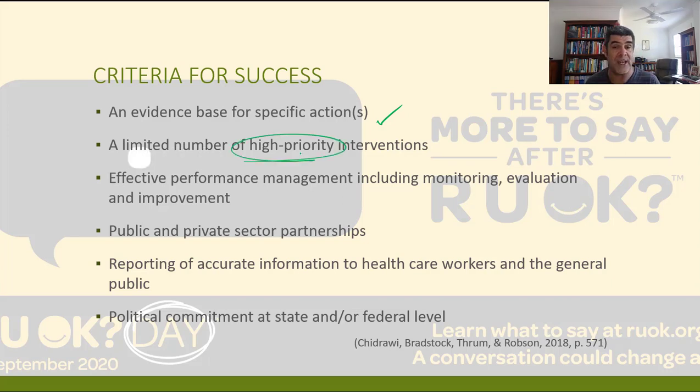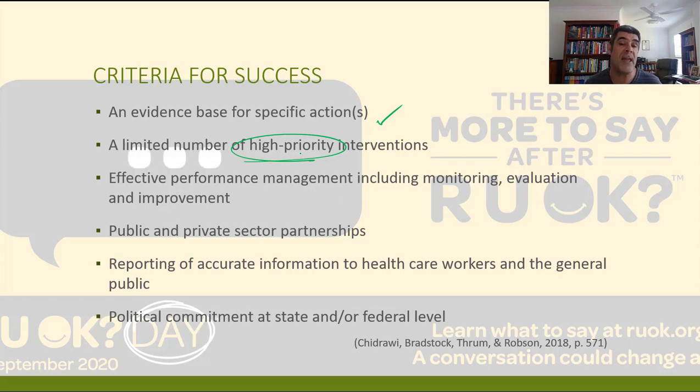We want to get bang for the buck. We want to make sure that we put our resources into something that's going to make the biggest difference. So we want high priority interventions, ones that are going to have a profound effect, and we don't want 20 of them. We want a small number just to tell people, do this, eat that, go there, don't do that, and that will often be sufficient.